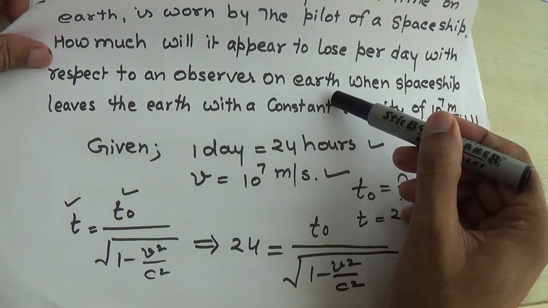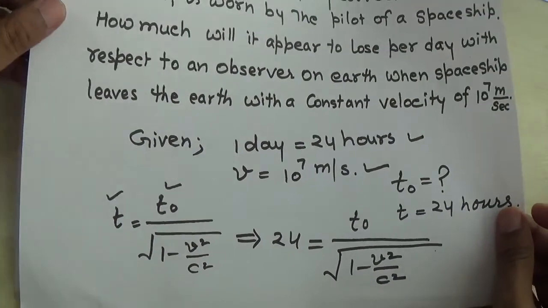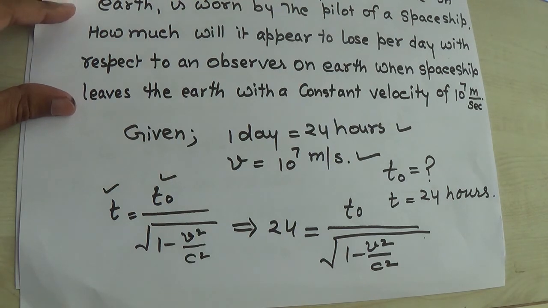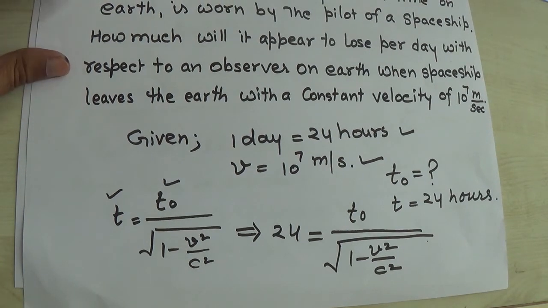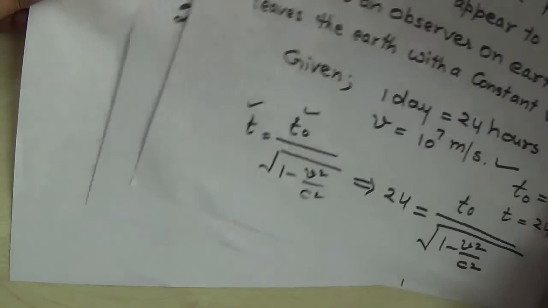How much time he loses per day is 48.24 seconds, right? So now the pilot can assume that per day he is losing 48 point something seconds. This is the observation of the pilot in a moving frame. In this way one can understand numerical problems related to time dilation, and this is an interesting topic.